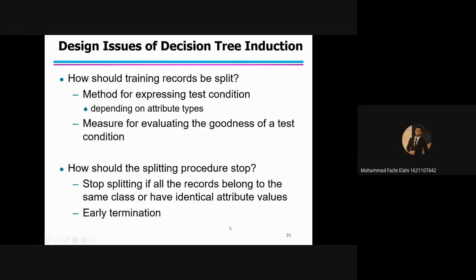Here we stopped after reaching a default value. Yes, that's what I'm saying. How should the splitting procedure stop? Should it stop if all the records belong to the same class or have identical attribute values, or does the tree keep growing, or do I make an early termination?